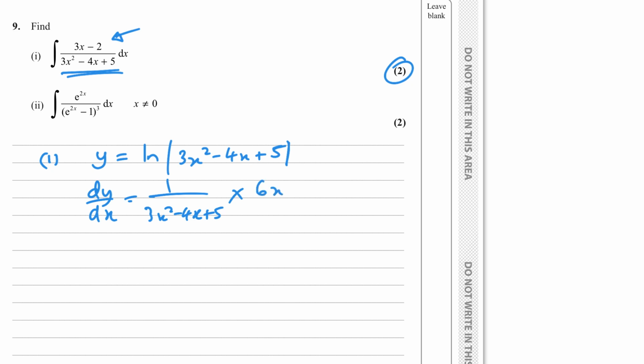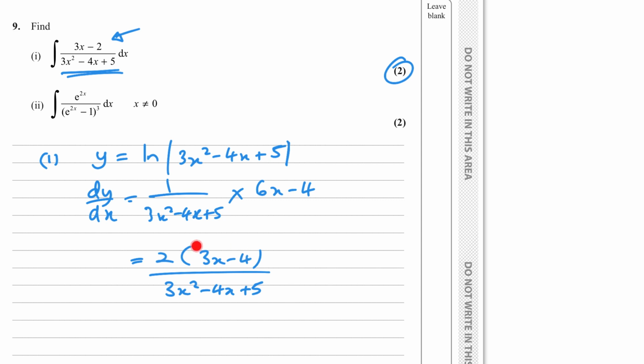So that's 6x minus 4. So what you can see is that 6x minus 4 is double the size of this. So this is the same as 2 lots of 3x minus 4 over 3x squared minus 4x plus 5.